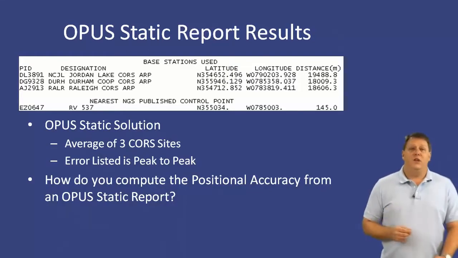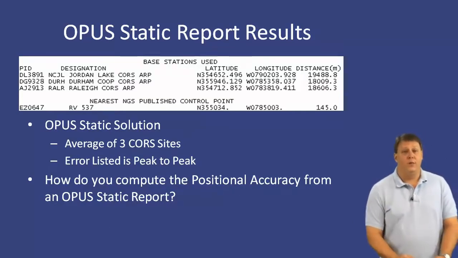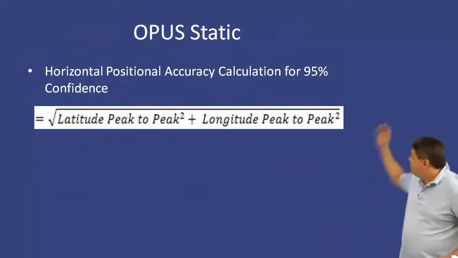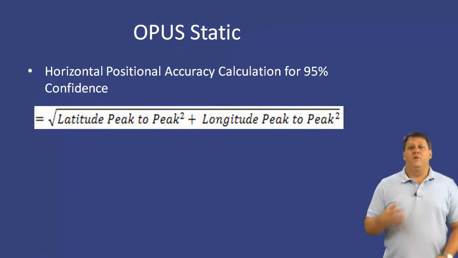But our question is, how do we compute positional accuracy from an OPUS static report? The National Geodetic Survey provided these formulas for computing positional accuracy from OPUS static reports.